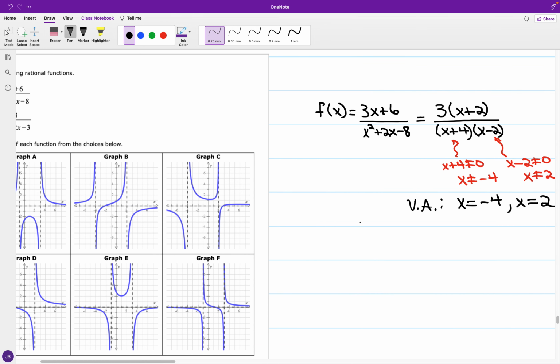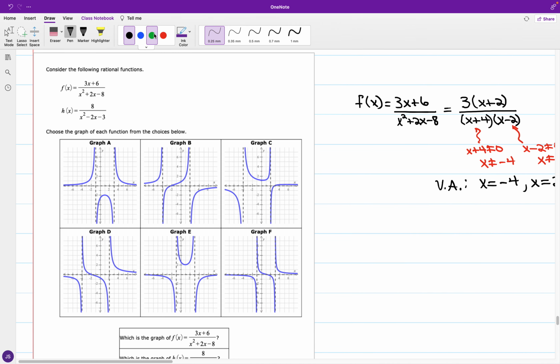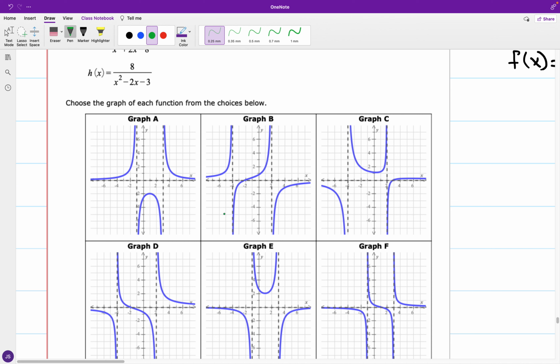So let's do a process of elimination to see which graphs have x equal to negative 4 and x equal to 2, and which don't. For graph A, we don't have x at negative 4 and x at 2, so graph A is not going to belong.